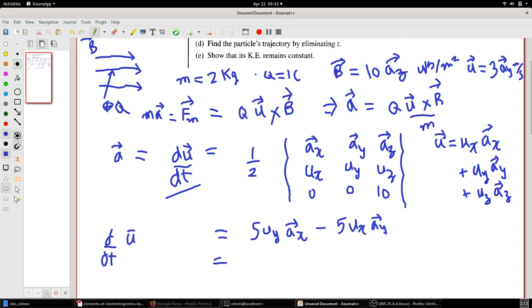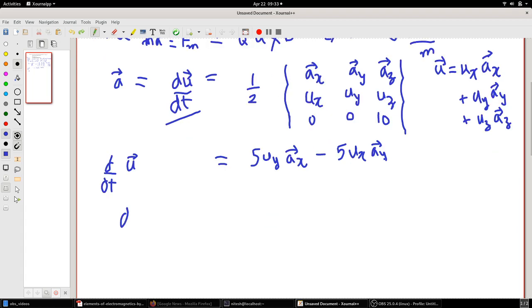I can use u from this particular value here. So what I will get is dux by dt is equal to 5 uy, and duy by dt is equal to minus 5 ux. Okay, so this is what we have.